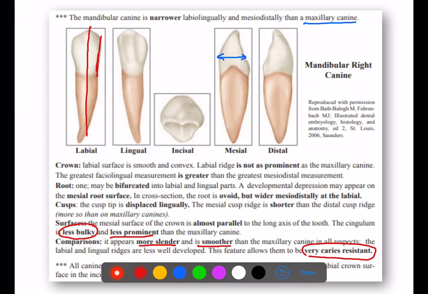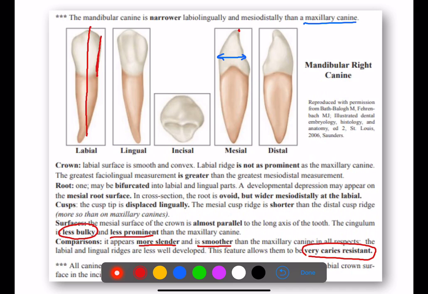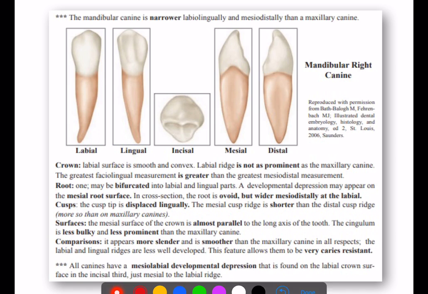And the cusp tip is placed lingual to the long axis of the tooth. And here also the mesial cusp slope is shorter when compared to the distal cusp slope, which is similar to the maxillary canine. So these are the differences between maxillary and mandibular canine.